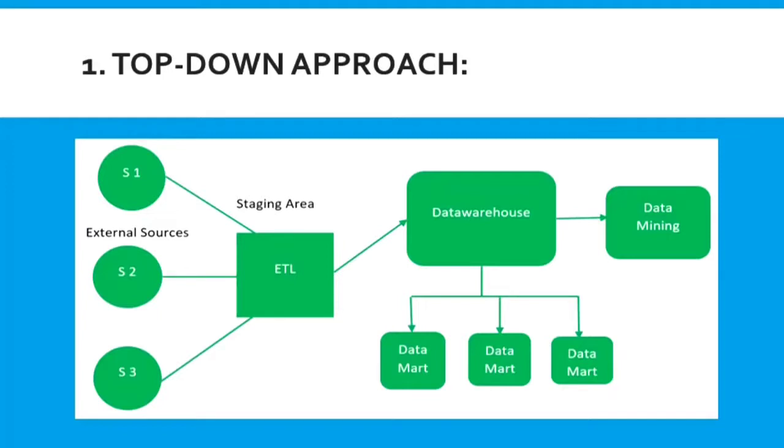The third component of the top-down approach is the data warehouse itself. After cleansing, the data is stored in the data warehouse as a central repository. It actually stores the data, and the actual data gets stored in the data mart.